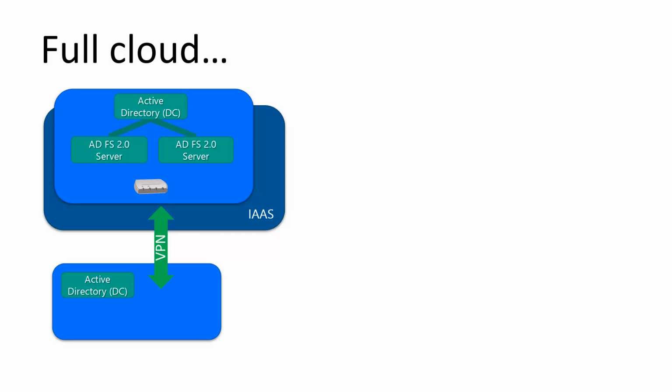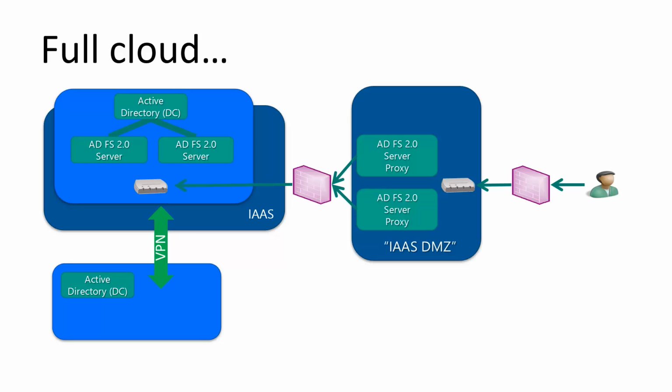And your internal users either connect over the VPN, or the external users use the internet to go through a sort of perimeter network where ADFS servers are deployed, and then go through the external ADFS servers, which are actually internal ones.